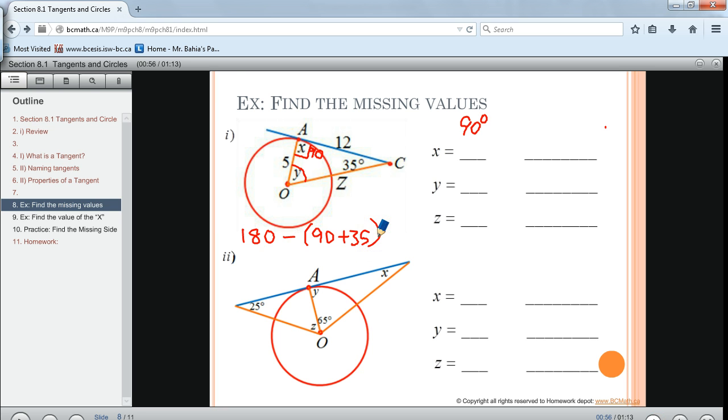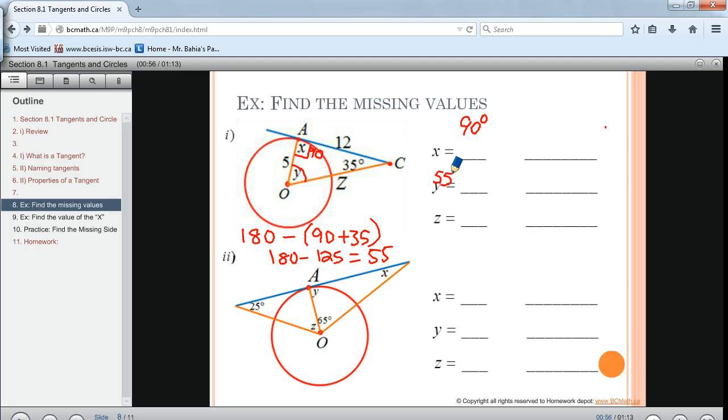If you don't like the way I'm doing it here, you can do it your own way, I don't really care. Just get the answer. That's 125. So you go 180 minus 125 to get your answer, which is 55. So according to that, I would think that Y is 55.